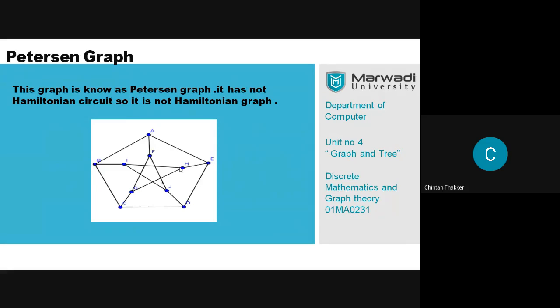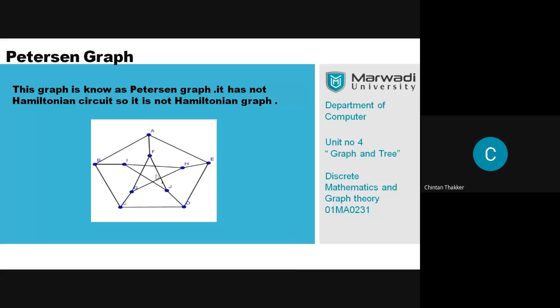Like if you start with A, then A to B, B to C, C to D, D to E, E to H, H to I to J, J to F, F to G, then again you get H. But in a circuit, we cannot repeat a vertex. So we cannot reach A here again without repeating a vertex.